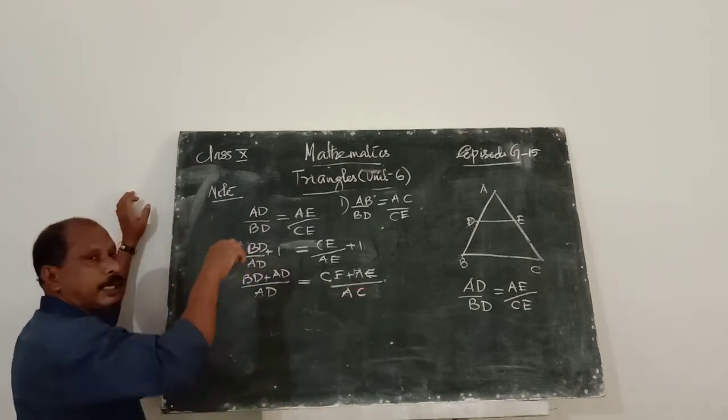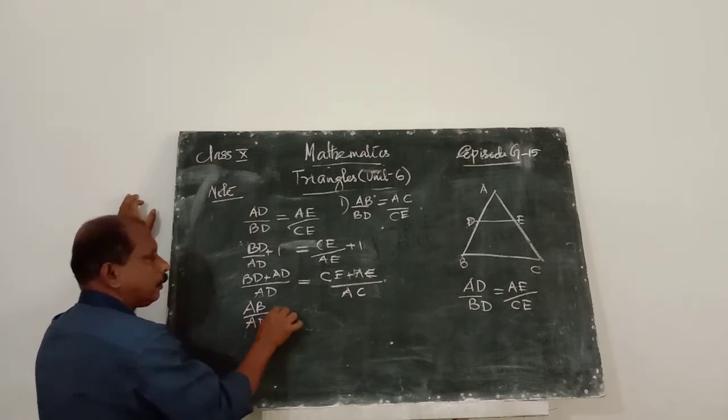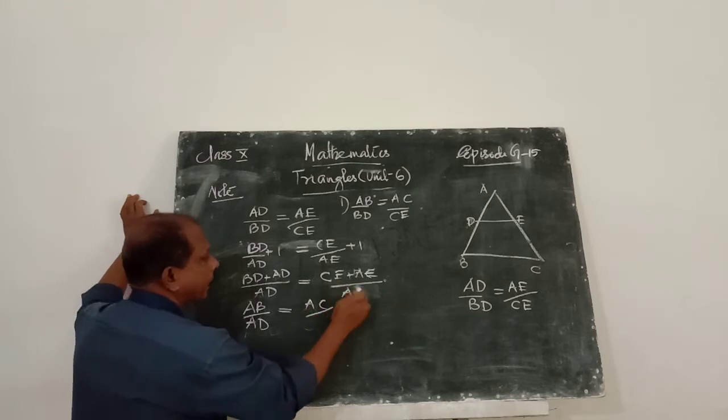That is, BD plus AD is AB, so AB by AD is equal to AC by AE.